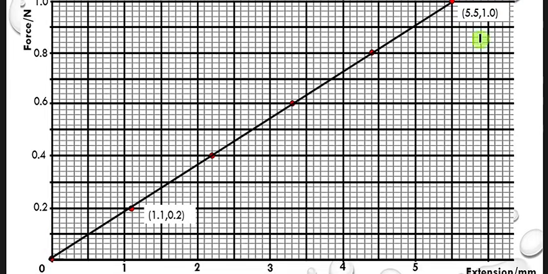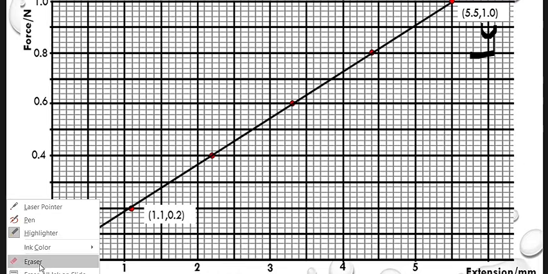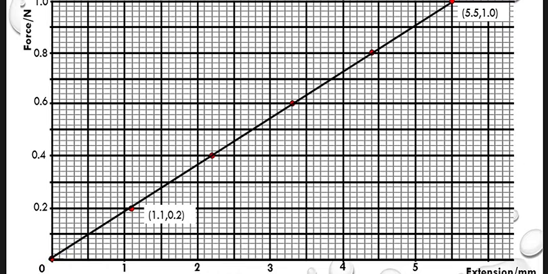So this point here can be y1, not that one. So this one, yeah. This other side is y2, this other point here. Then this other one here, x2, there's a comma here, so 5.5 is x2, 1.0 is y1.